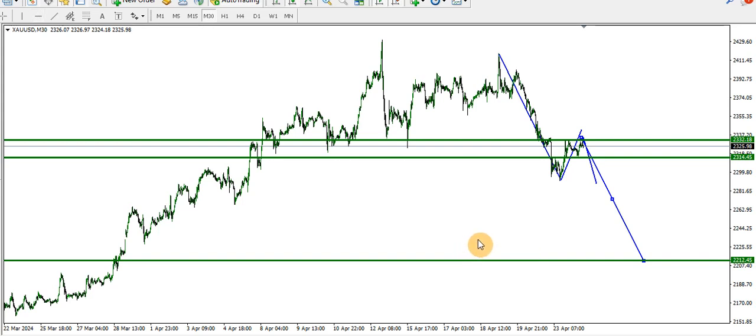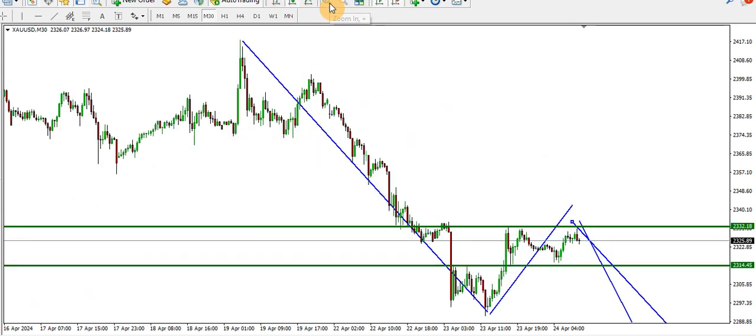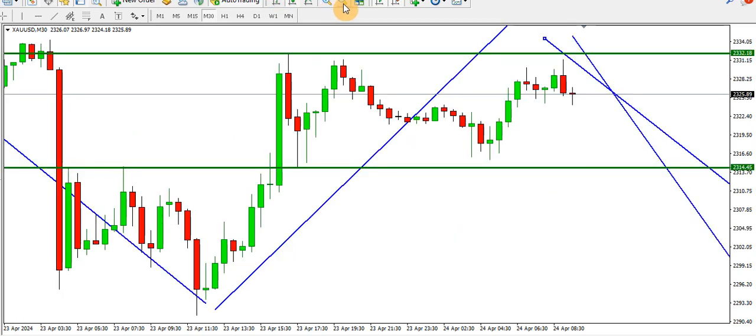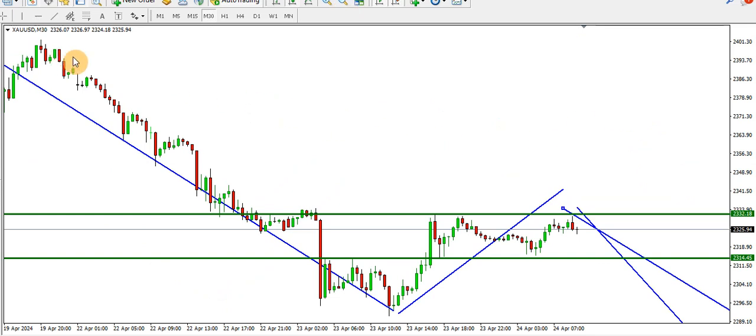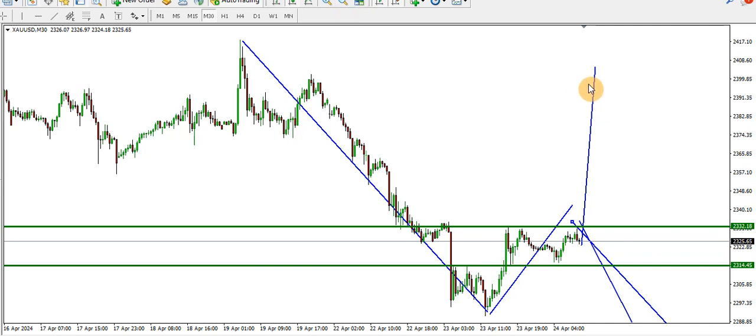But for now it's ranging. I'm suggesting bearish movement, but anything can happen, and price can decide to go up. But for now, I suggest we look for selling opportunities.